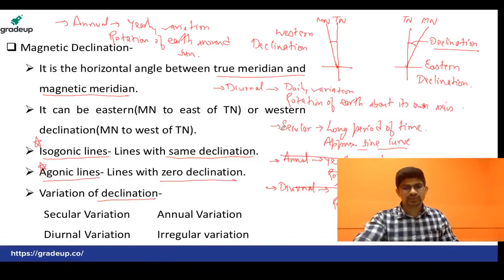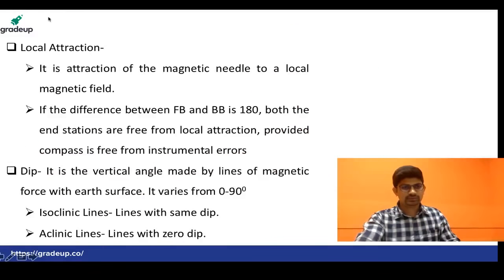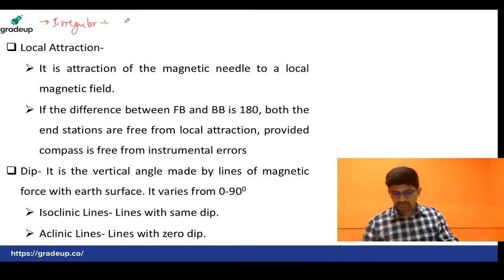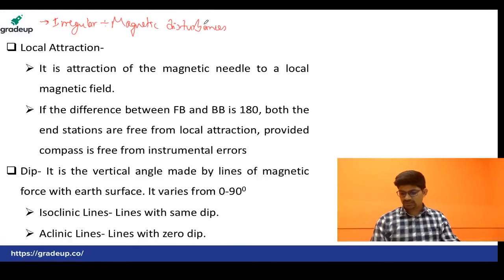So there is secular variation, annual variation, diurnal variation, and one more, that is irregular. Irregular variation is due to magnetic disturbances.